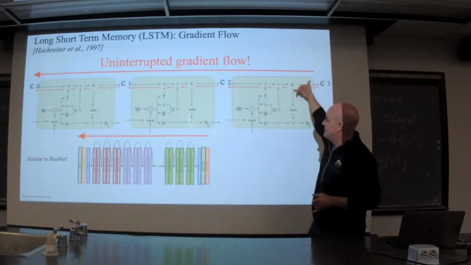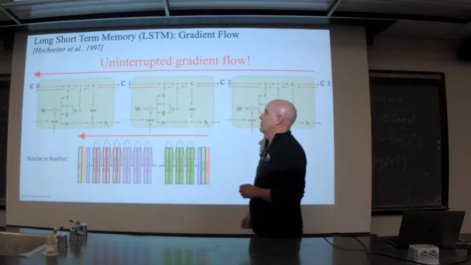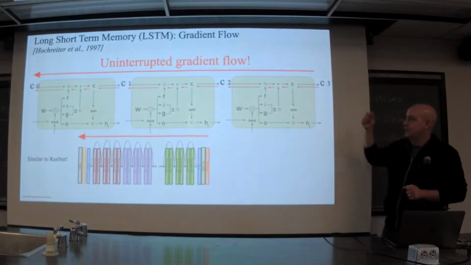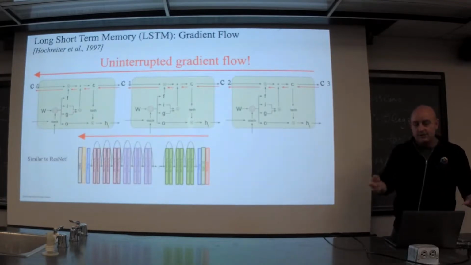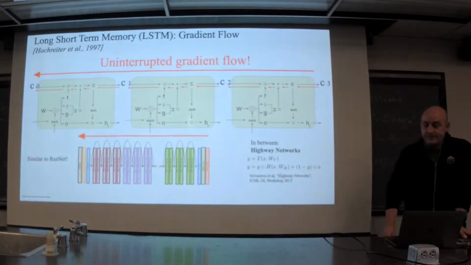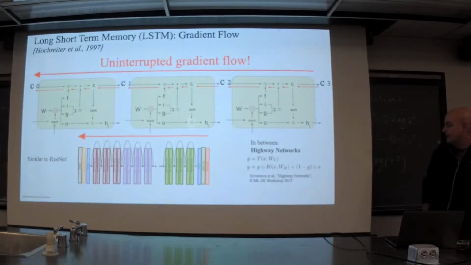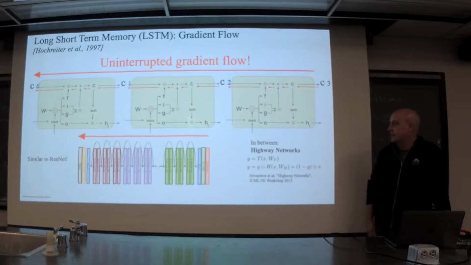This track, or it's sometimes called a highway. This highway here is much more efficient in terms of backpropagating signal, even though in some sense you can think of it as giving equivalent information. Although the gating does not make it equivalent. And there are things known as highway networks that are something in between.